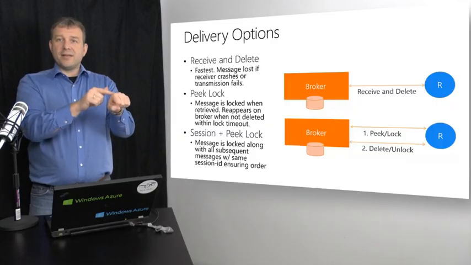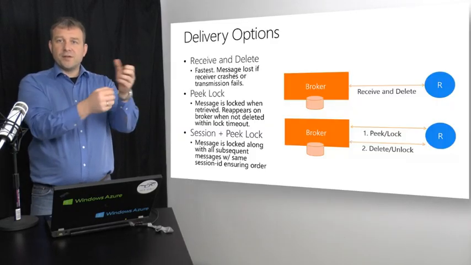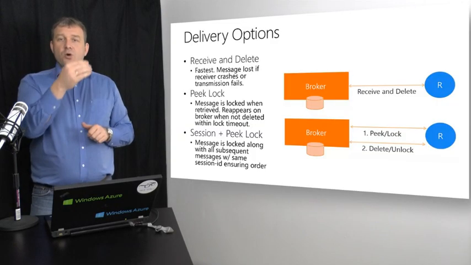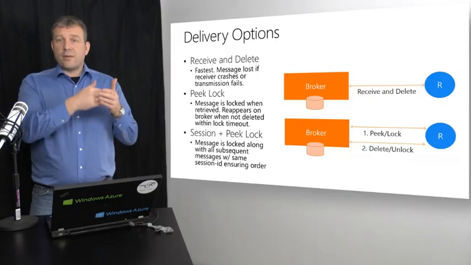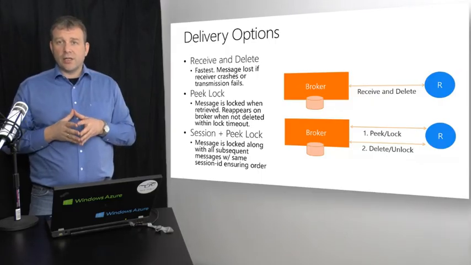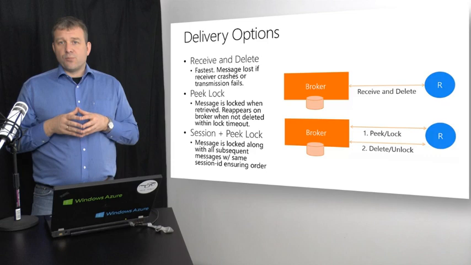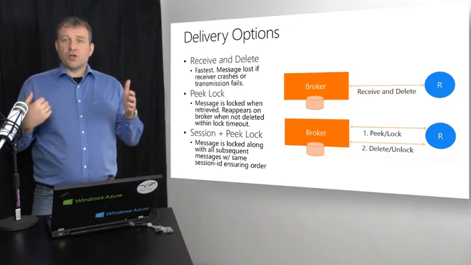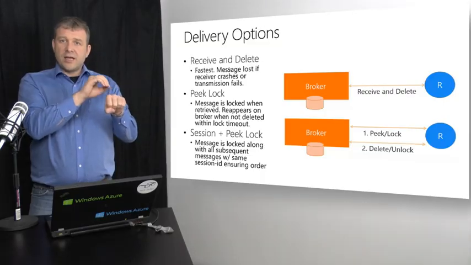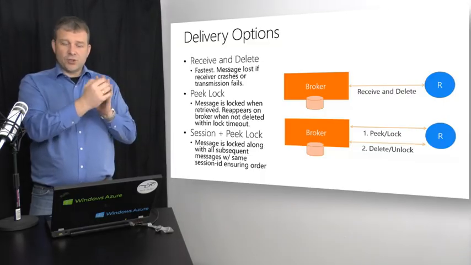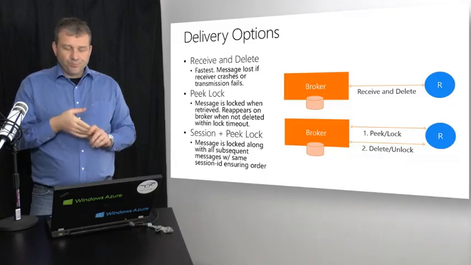If you say abandon, then we remove the lock and make the message visible again so it can be delivered to whoever is the next receiver in the row, which might be your same program or someone who's receiving concurrently on that same process. If the receiver crashes, well, then there's a lock timeout period that expires. As soon as that timeout period expires, the message also gets released.